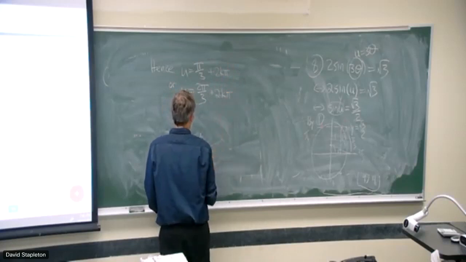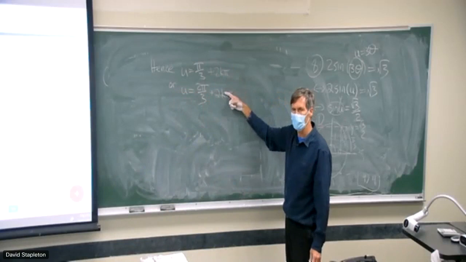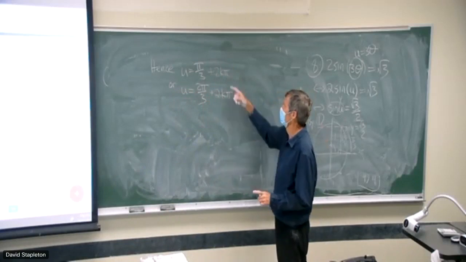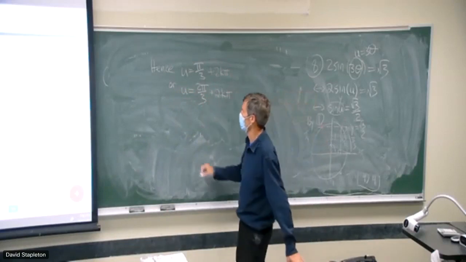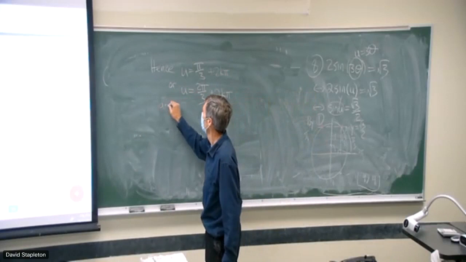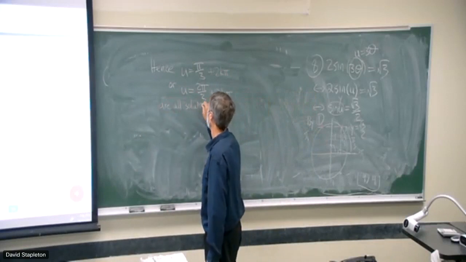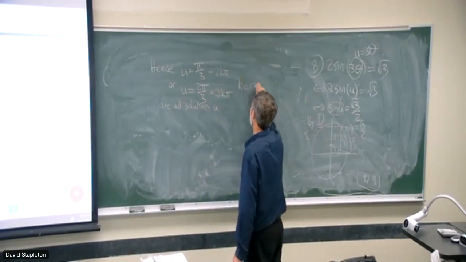So any integer number of rotations, k, these are all the angles that have these terminal rays, right? There's only 2 terminal rays, but an infinite number of angles that give those 2 terminal rays. These are all solutions u, where k is any integer. It can be 0, 1, minus 1, 2, minus 2, etc.